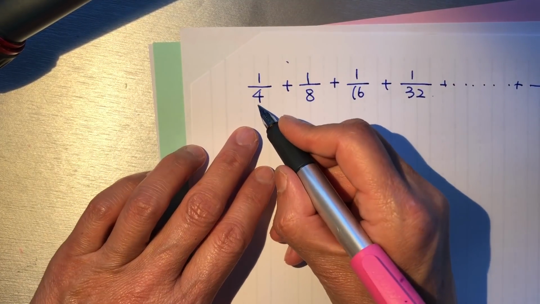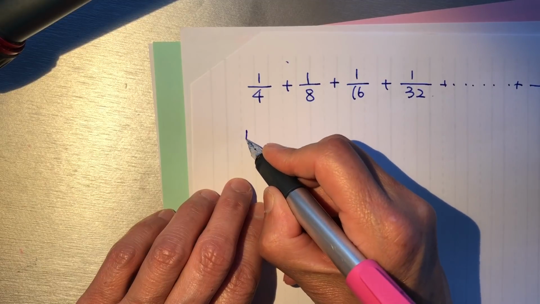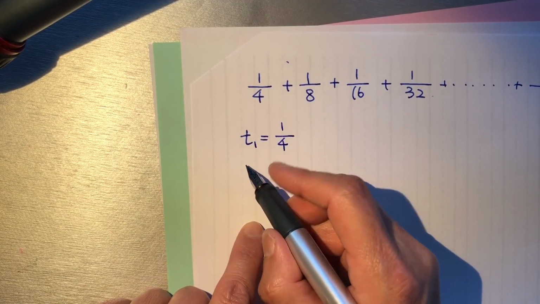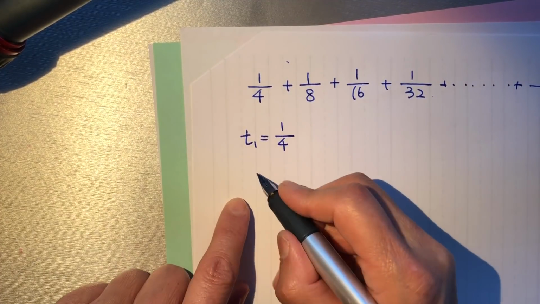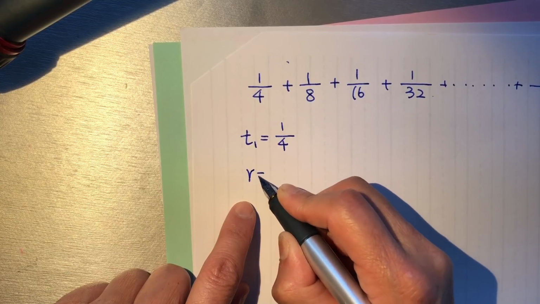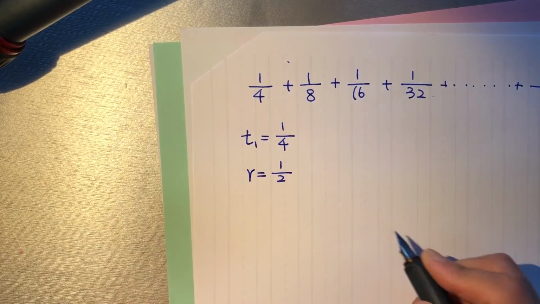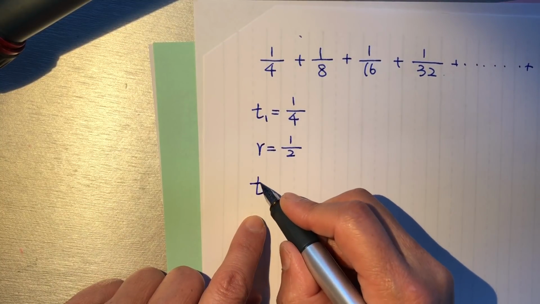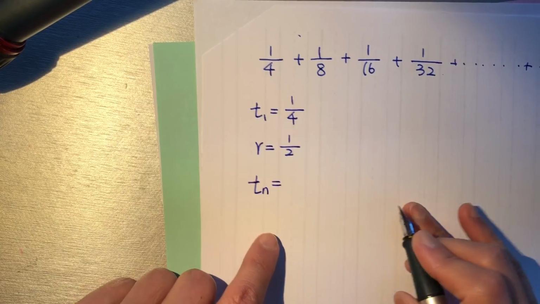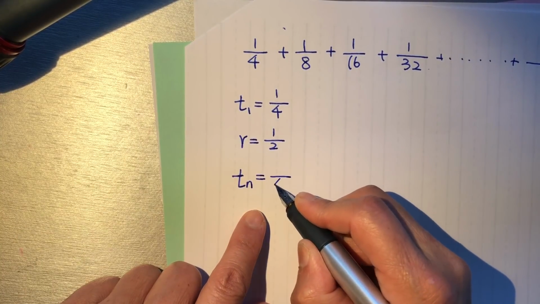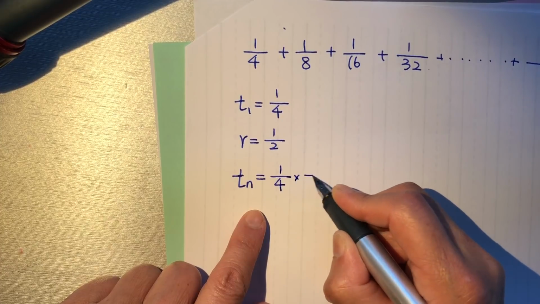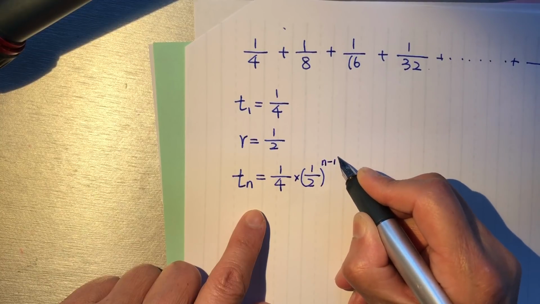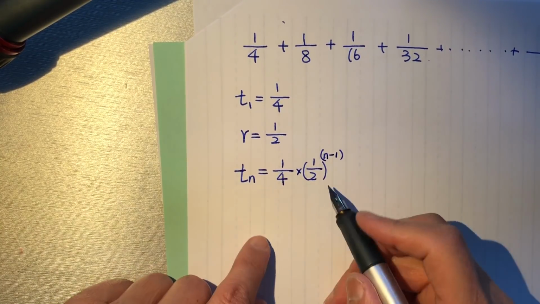So now we see what this is. T1 equals 1/4, and we know the ratio r equals 1/2. So Tn equals T1 times r to the power of n minus 1, right?